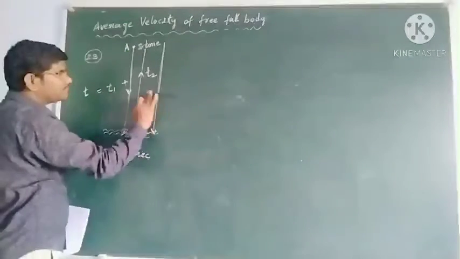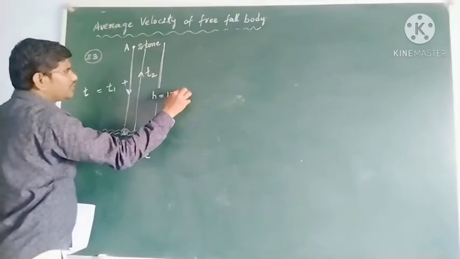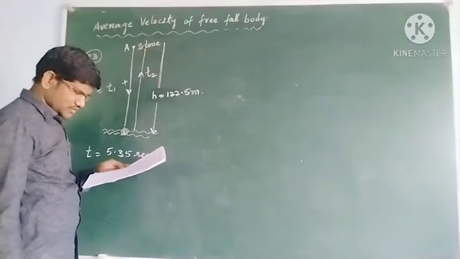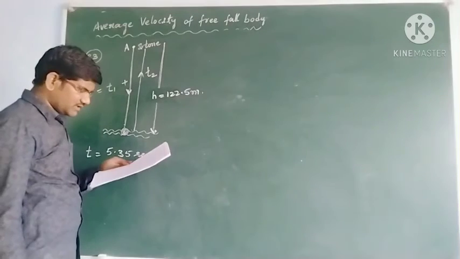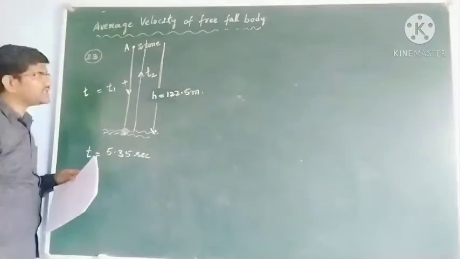So this h value they gave for us is 122.5 meters. The stone is dropped into a well 122.5 meters deep. Then they are asking the velocity of sound in air.